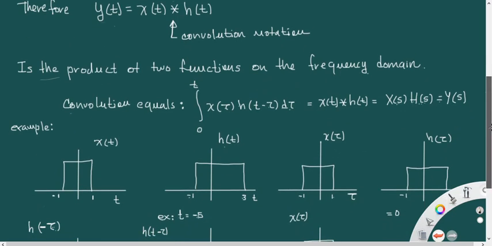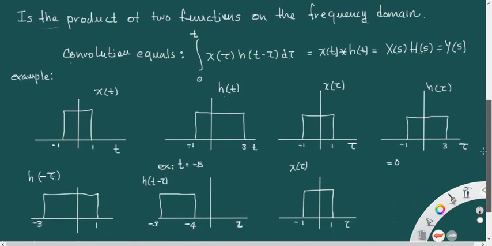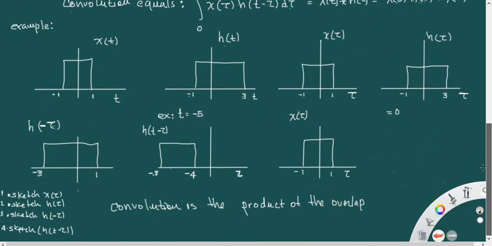Okay, let's do an example. In this case, let's do a graphical example. Please be aware of the sequence that we are going to follow in order to execute the convolution between two functions. Let's suppose that we have two functions here. x of t is a function which equals 1 in amplitude, and it goes from -1 to 1 in the time domain.